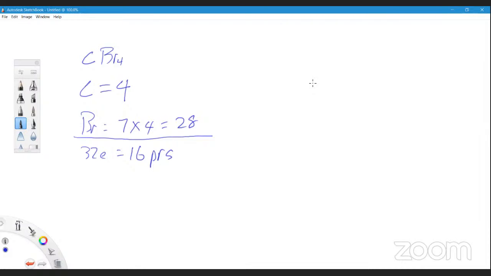Now that we have the total number of valence electrons, what would be the next step? You're going to build around your carbon. So you put the carbon in the middle and you surround it with the bromine atoms. Now remember, we have 16 pairs to play with.